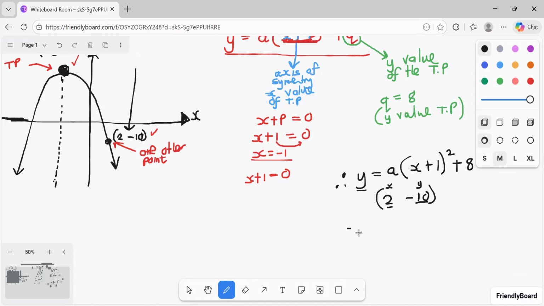So this is negative 10 is equal to a, open brackets. Where there's x, I'm putting 2, so this would be 2 plus 1 squared, plus 8. Then I can simplify.